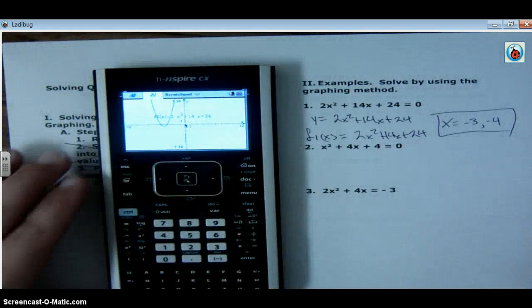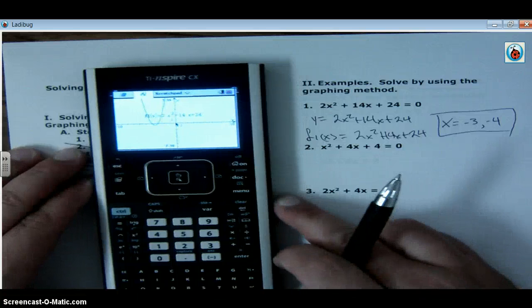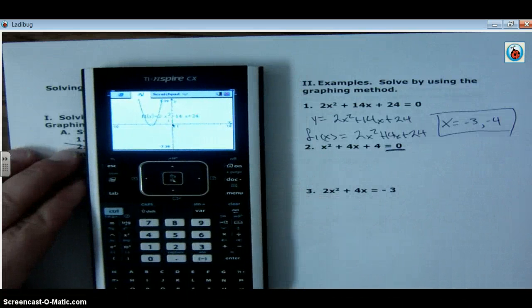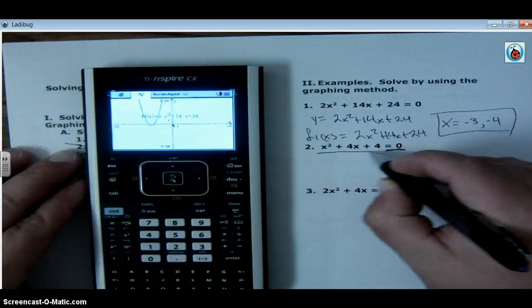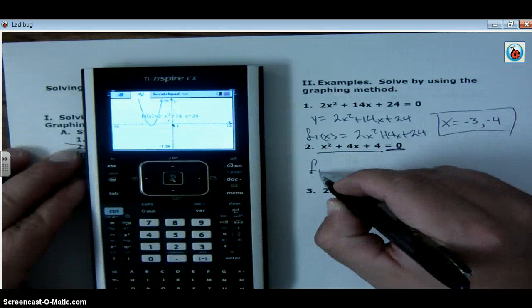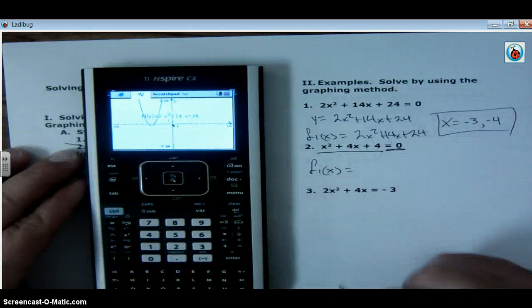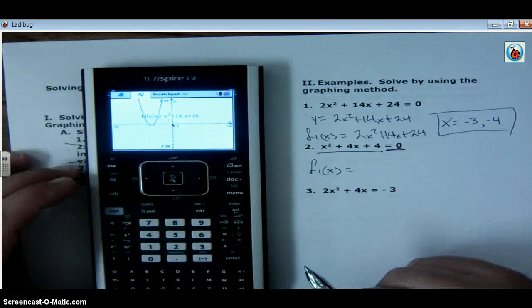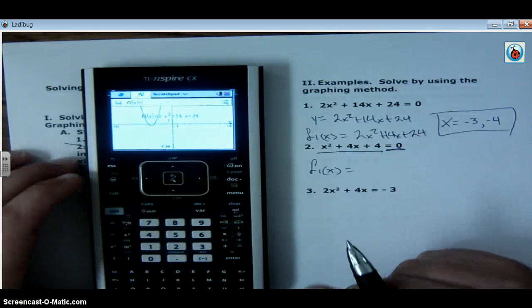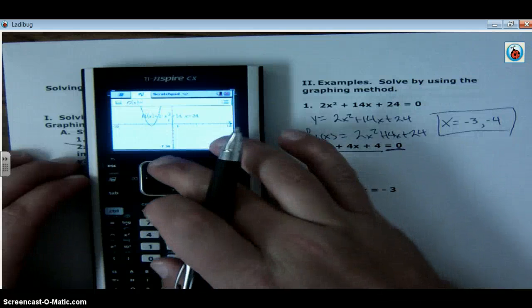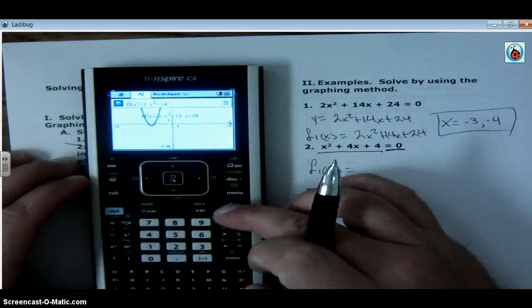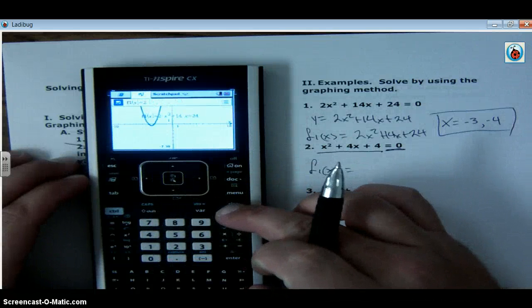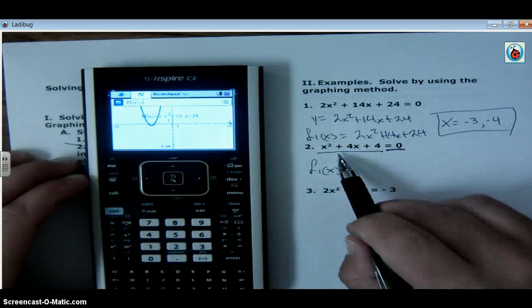What about question number 2? Again, question number 2, the equation must be solved for 0. If you have that, then you can put this stuff into your calculator for f1 of x. Alright, so remember, on your calculator, if you press the tab button, it brings up that function menu. We go up and let's replace our first function with this function.